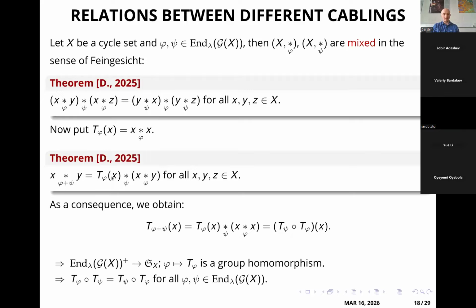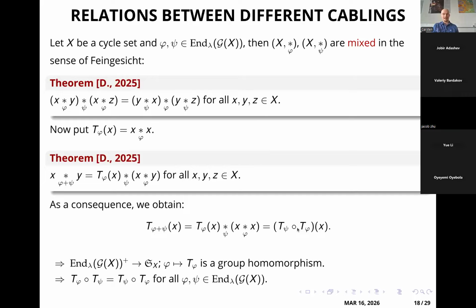And if we now also set x equal to y here, then we get that the diagonal of the phi plus psi cabling is simply the composition of the diagonals of the psi and the phi cabling. And this is a very useful property, because if we, for example, take for phi and psi the identity, then we get, of course, T of 2 times the identity is the square of the original diagonal.